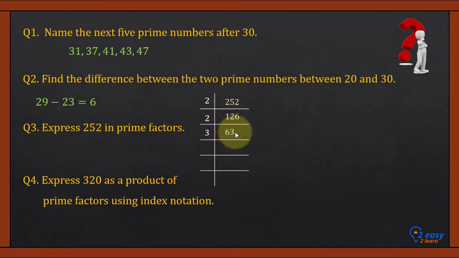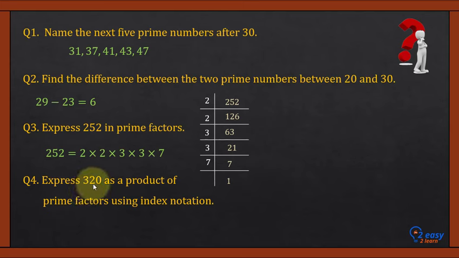It means that 63 is also divisible by 3. So 63 divided by 3, we will get 21. 21 divided by 3 will get 7, and 7 divided by 7 will get 1. So prime factors of 252 are 2 times 2 times 3 times 3 times 7.